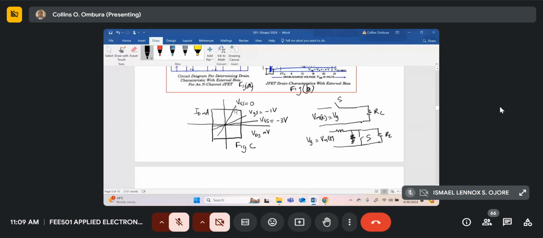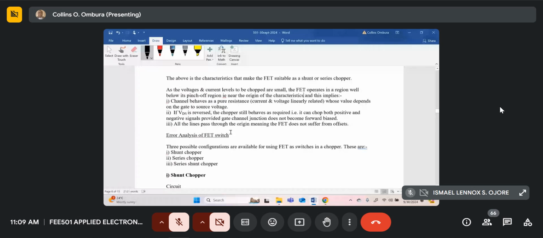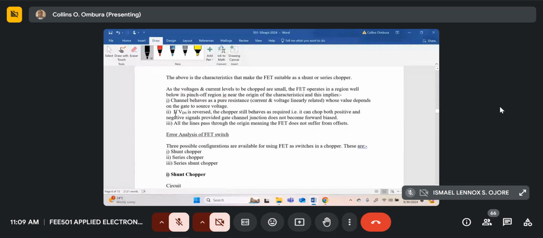So we're operating in this region over here. If gate to source voltage is 0, we'll be operating in this curve. If gate to source voltage is minus 3 volts, we'll be operating in this bottom curve over here. That's what I mean. Now the important thing is here.